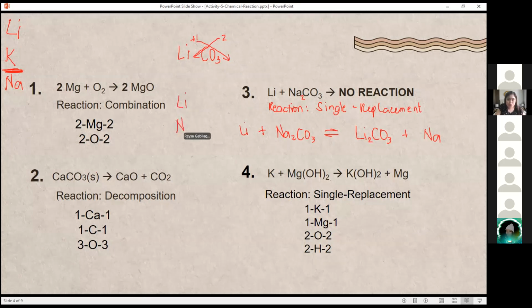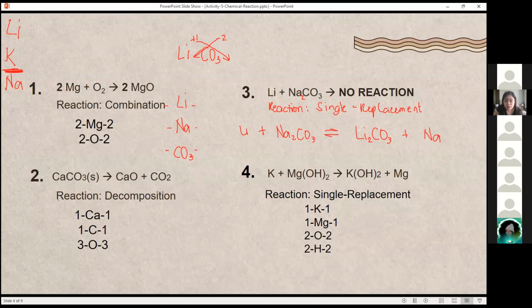Lithium, sodium, and carbonate. So I told you, di ba, when you are going to balance an equation, if merong polyatomic ion, wag niyo siyang i-separate. Wag niyo i-separate si carbon and si oxygen kasi mahihirapan kayo in the balancing. Though mababalance niyo pa rin siya pero medyo matatagalan kayo. Isang entity na lang natin siya.